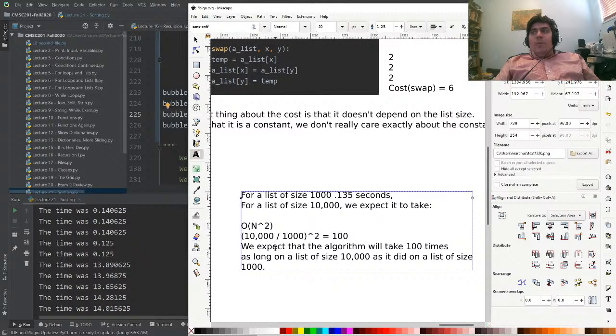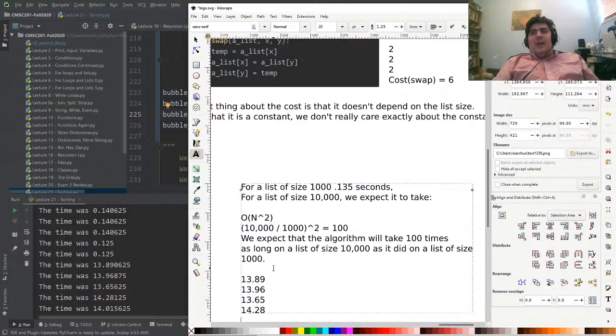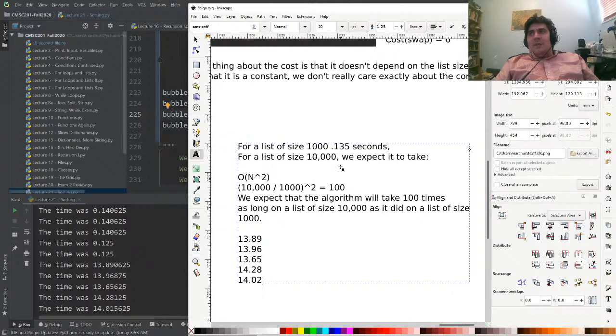Okay, and then we look at the calculation of the exact times and we say, oh look, it's 13.89, 13.96, 13.65, 14.28, 14.02 approximately. And so is that about approximately 100 times this, right? 100 times this is what?